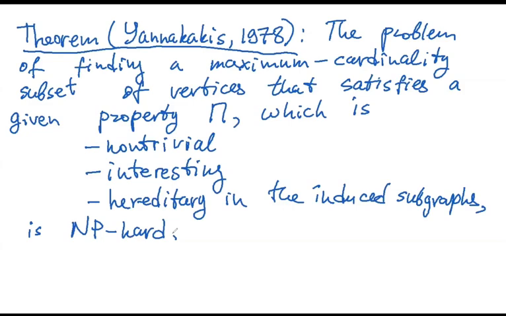Actually, I suggested to go over the homework problems and see which of the problems that I asked you to formulate actually satisfy the hereditary property. All right. But again, each of these three properties is really easy to verify. And once you know that these three properties are satisfied, this is sufficient to establish the NP-hardness.